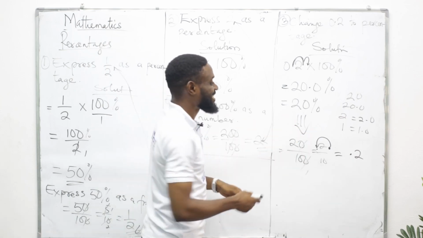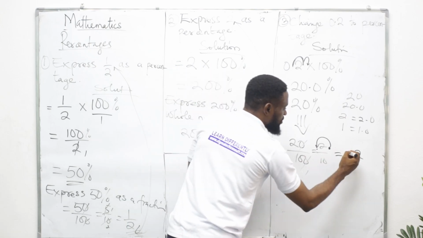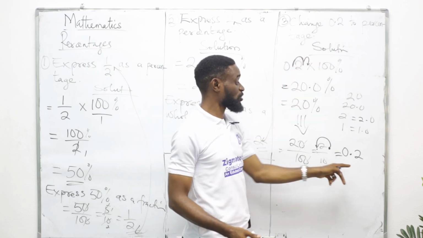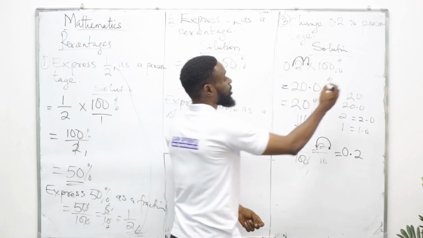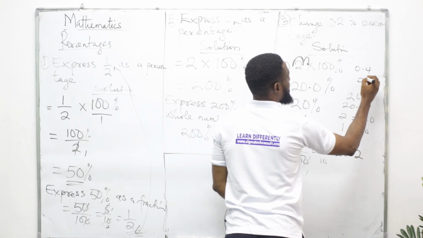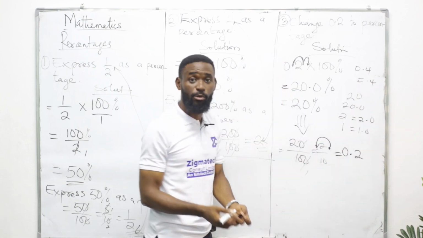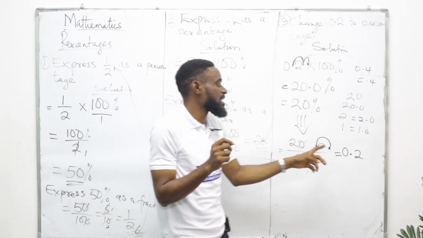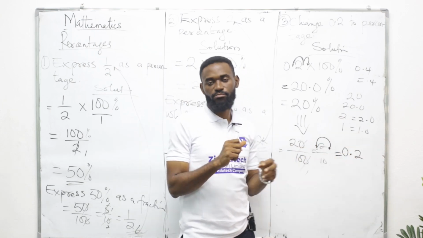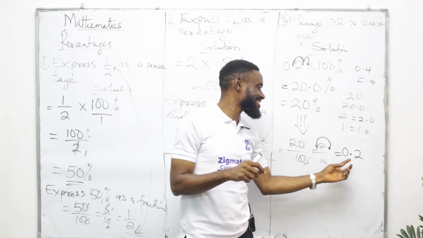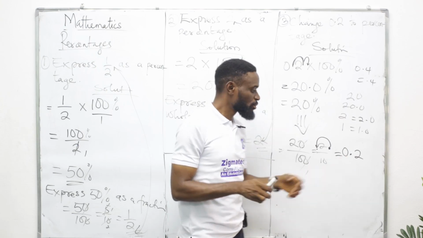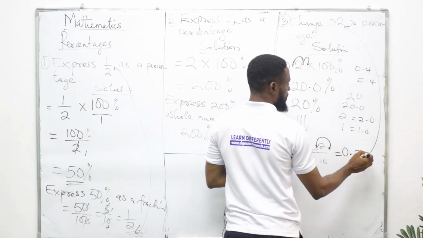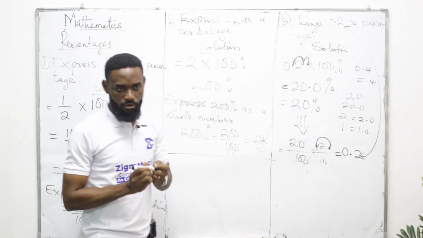But to make it look very fine and nice, you just put 0.2, because there is no number greater than 0 after here. Do you understand me now? So you see that we have returned this thing to where it was before.